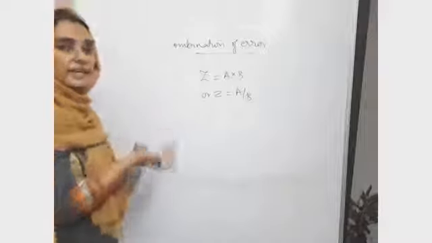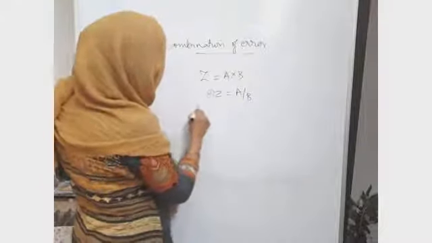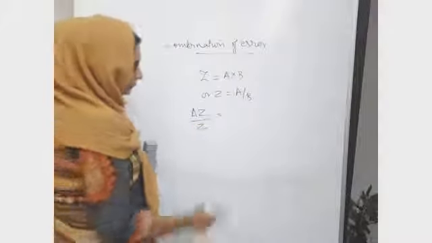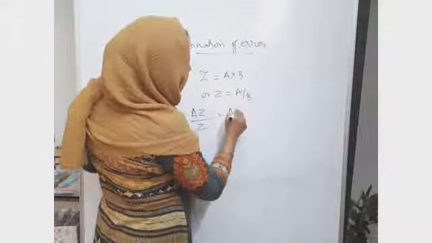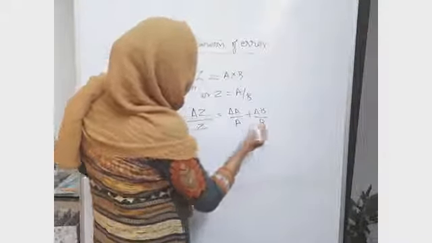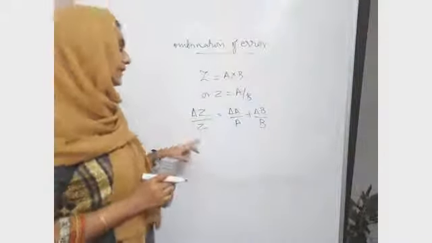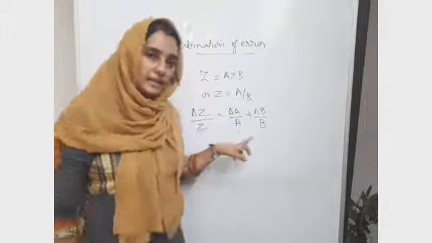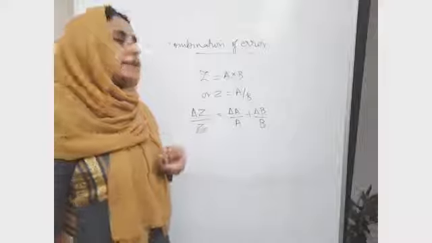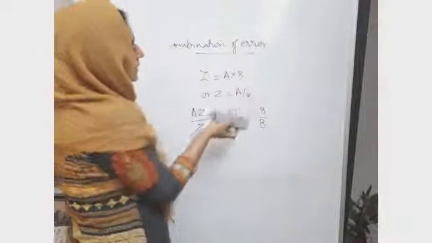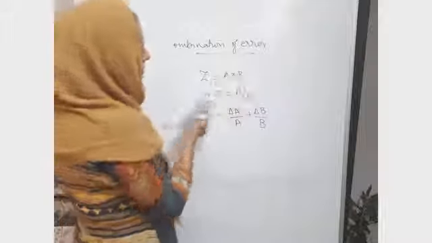Then it comes as relative error, that is, you can represent it as relative error. Delta Z by Z is equal to delta A by A plus delta B by B. Very simple. That is, the relative error in Z will be equal to the sum of the relative error in A and the relative error in B. For example, you can think of any equation that comes as a product or division.